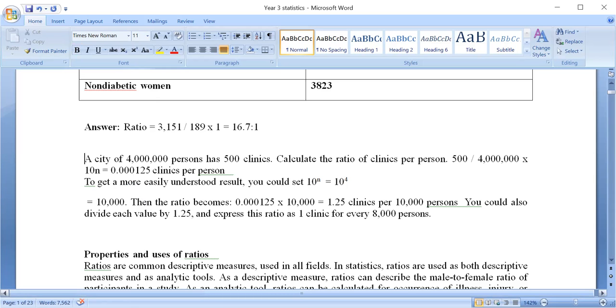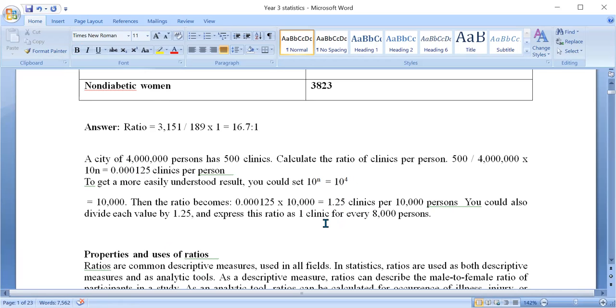But by this fraction, we cannot really understand. That's why we introduced this to cancel out those decimal places. So we round it up to 10,000. So we would say 1.25 clinics per 10,000 persons, which still is not really understandable.